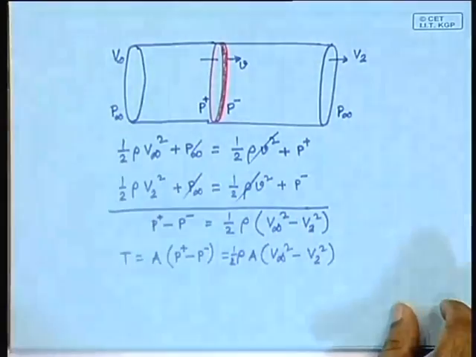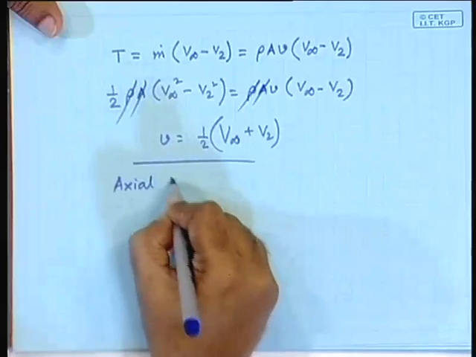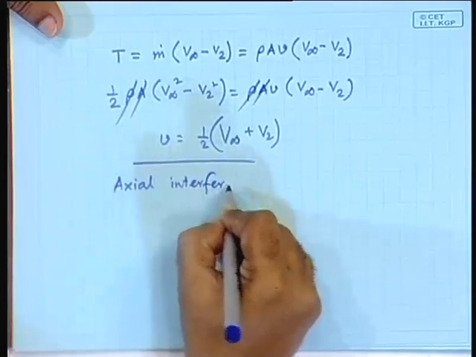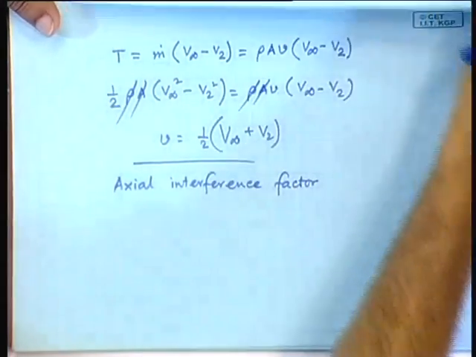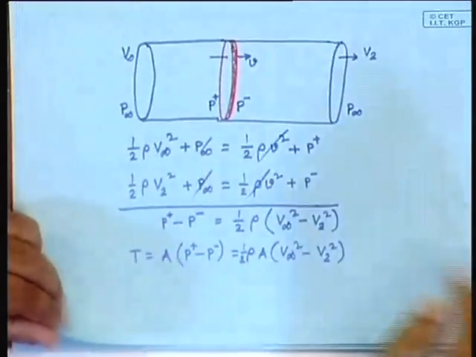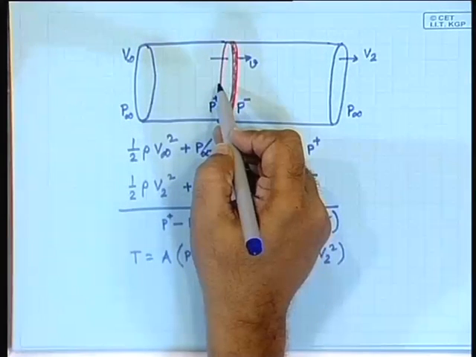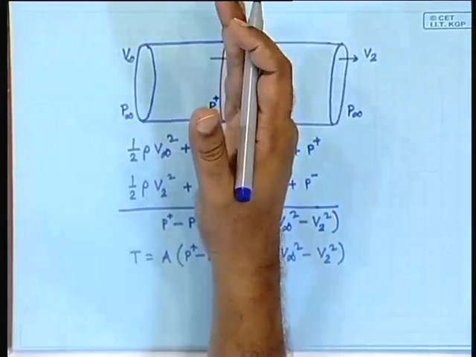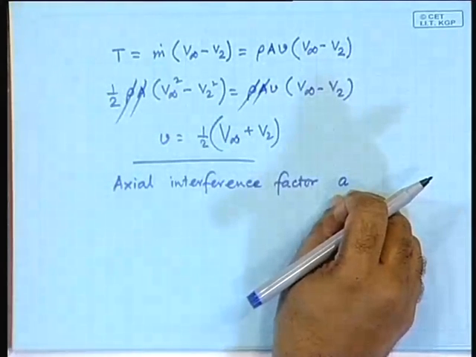Logically, it is called the axial interference factor, given the notation A, so that when A is 0, it offers no interference. If A is 1, it offers complete blockade. In between there should be some value of A at which it should maximize, right.